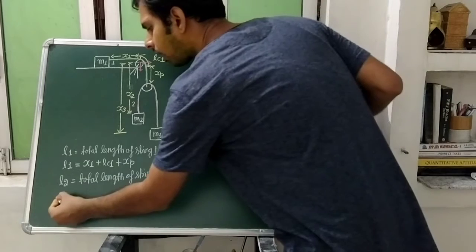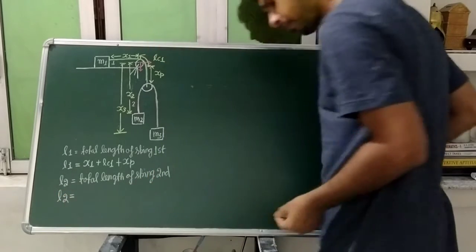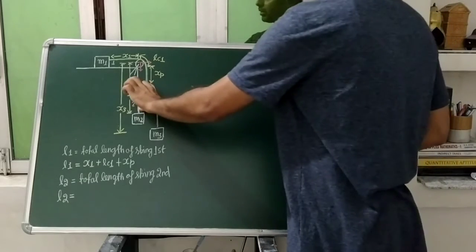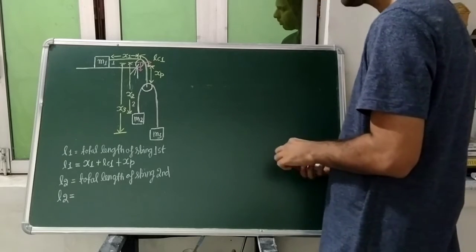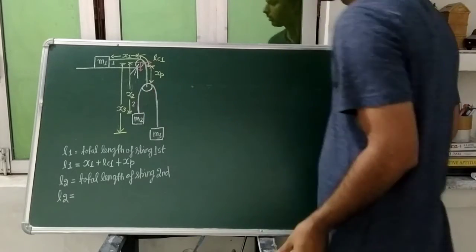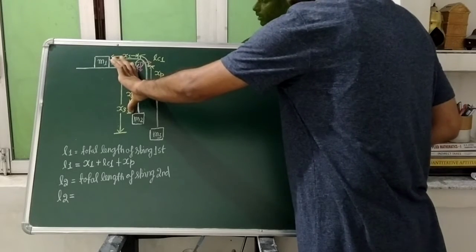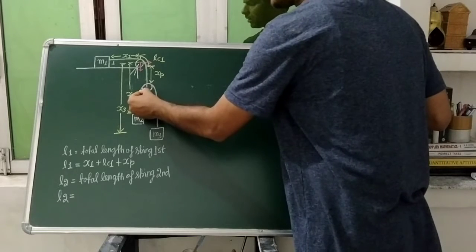Look, students, how can we write this L2? Please notice here. We want to write this length and this length. Of course, if we have assumed the x2 length here and xp length here, what can I write here?